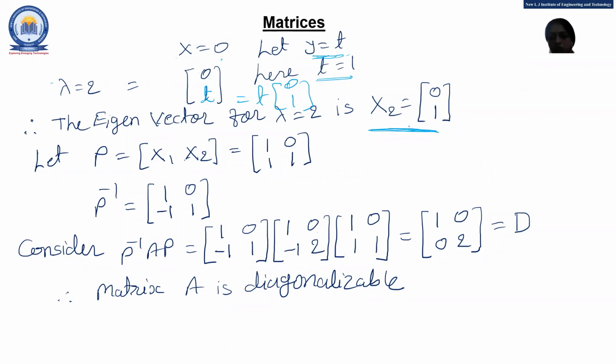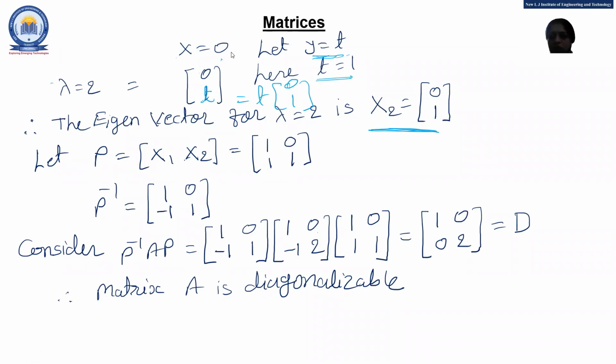Any doubt, students, about this eigenvalue and eigenvector? If you have any doubt, please let me know, because without eigenvalue and eigenvector you can't do this topic, as well as the Cayley-Hamilton theorem, our yesterday's topic also. Please give a fast response.